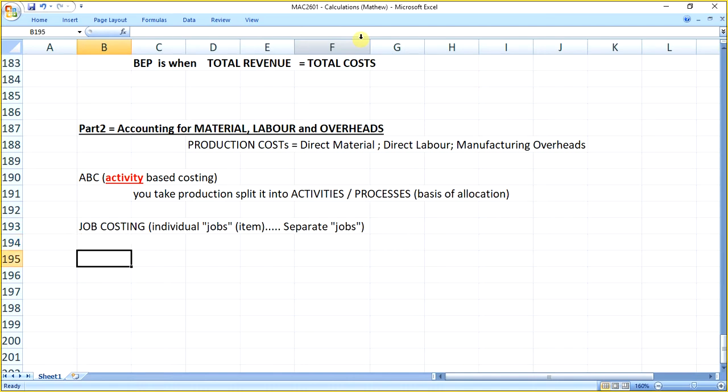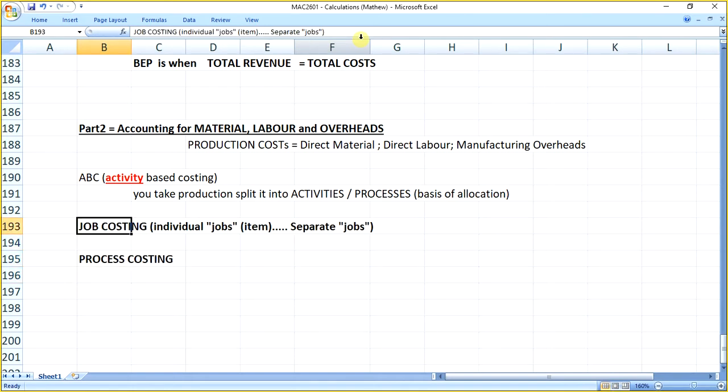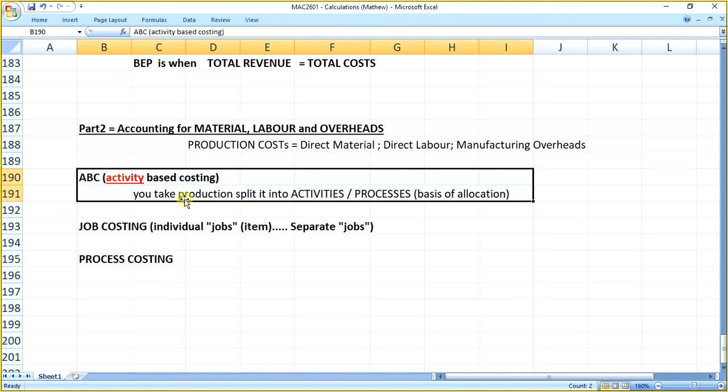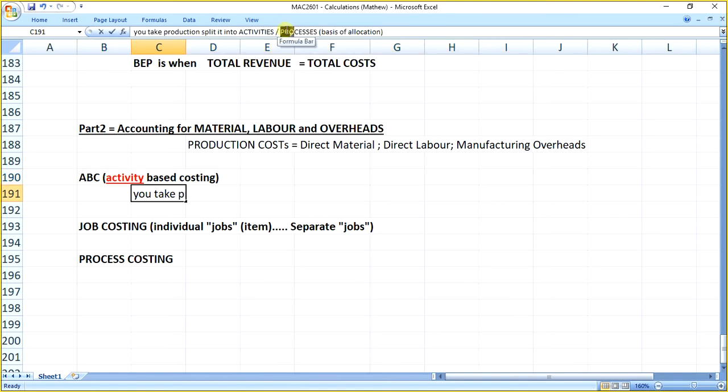That's the second one, and then you've got 2 more. You've got process costing. Process costing is actually very similar to ABC, but there you're looking more at the process rather than the activities. The one here at the top, I wrote processes. I don't think that's the best way of describing it.